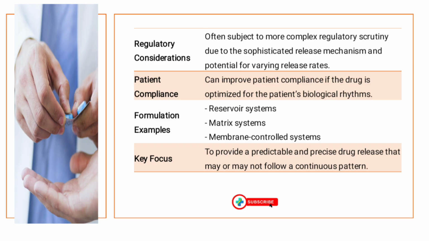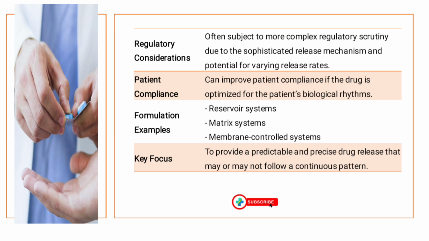Then the next is formulation example. So students, the formulation examples include, the first one is reservoir system. So students, medicine is stored inside and a gradual release occurs through a controlled mechanism. Okay, the next type is matrix system.